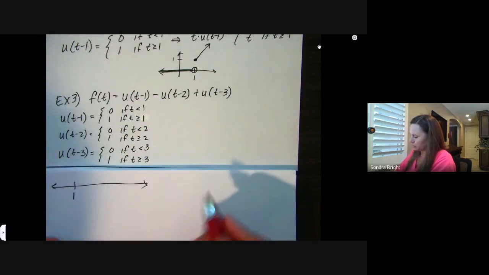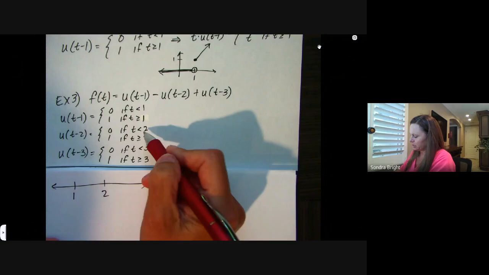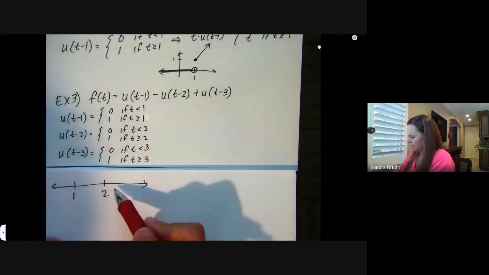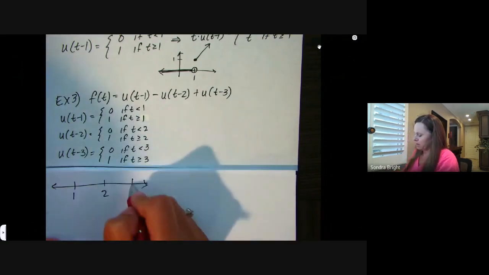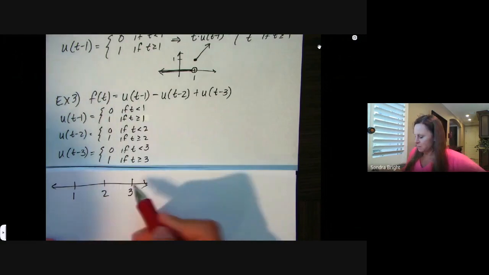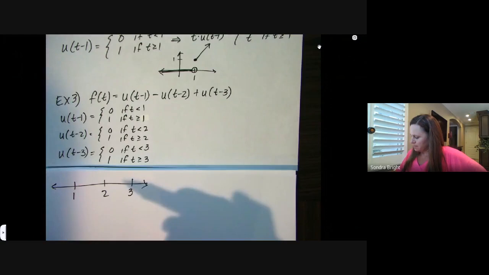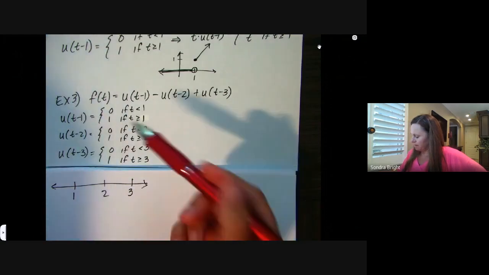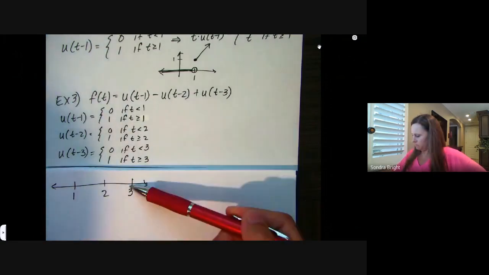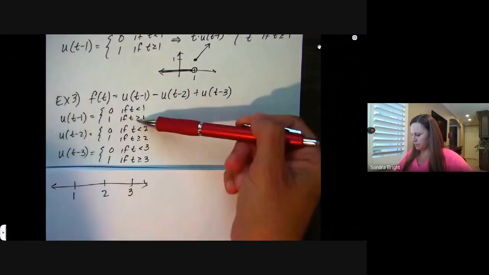And then for 2, if you're less than 2, it's 0, but greater than 2, it's 1, and then it'll change at 3. But what I'm drawing this to help you visualize is that for u of t minus 1, when we're at 3, you are definitely greater than 1. So hopefully that makes sense.